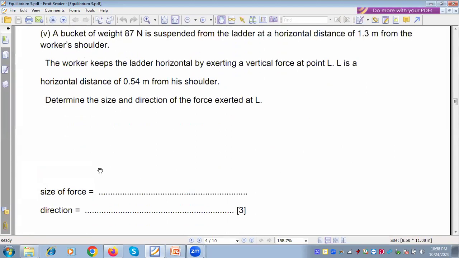Downward. Okay, size of the force 76 Newton and direction downwards. Okay, you have to write in words, not the arrows. Okay, let me also write it. And the moment caused by the 76 Newton is clockwise, because the weight is also acting in that direction.